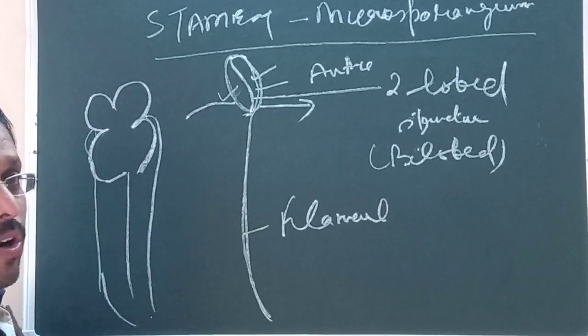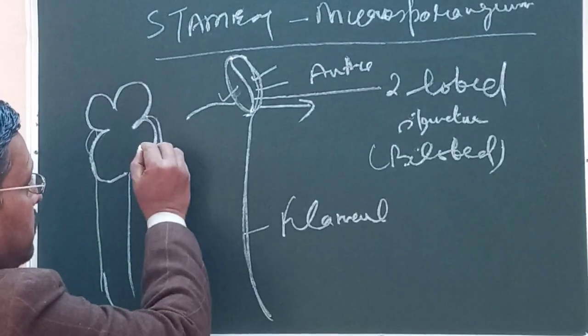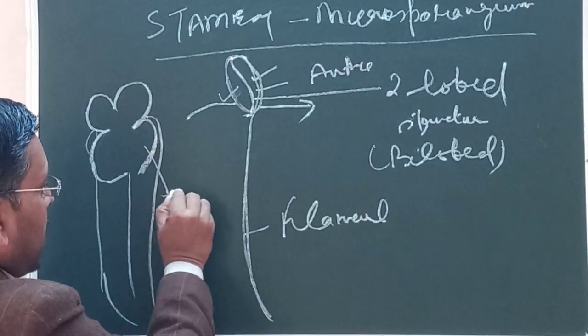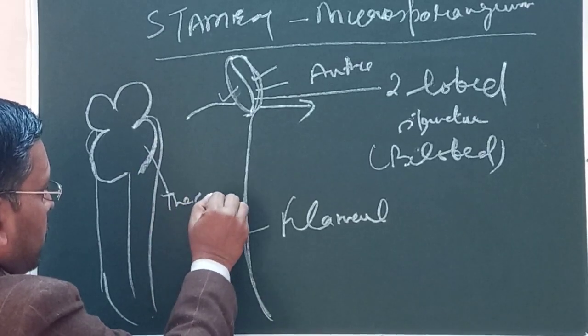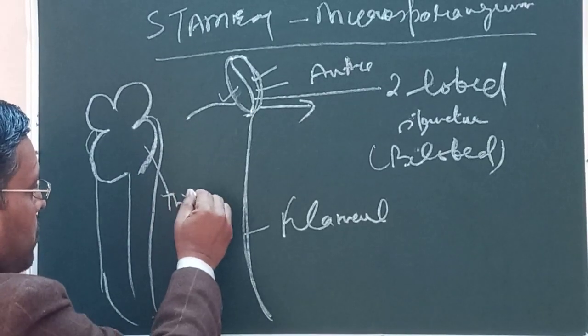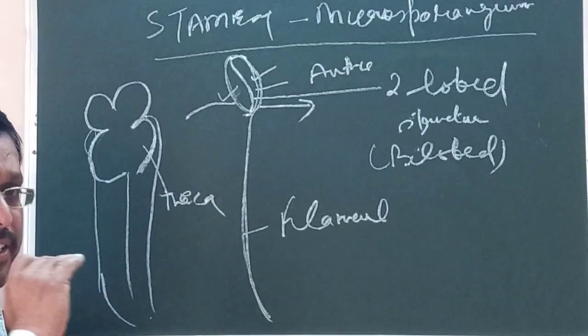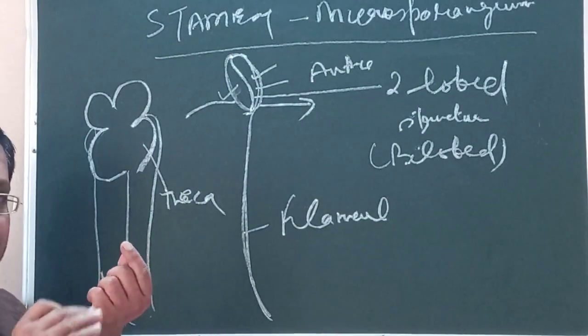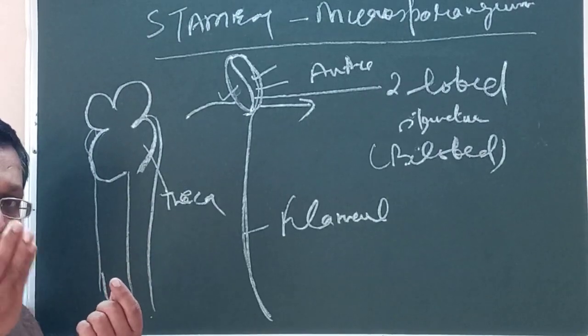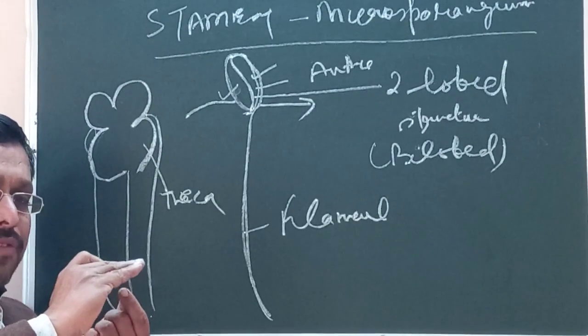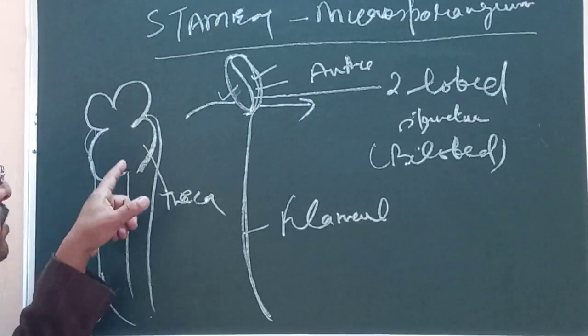Each lobe is called a theca. When we take the anther and cut a TS of it with a blade or a knife, we find this type of structure.